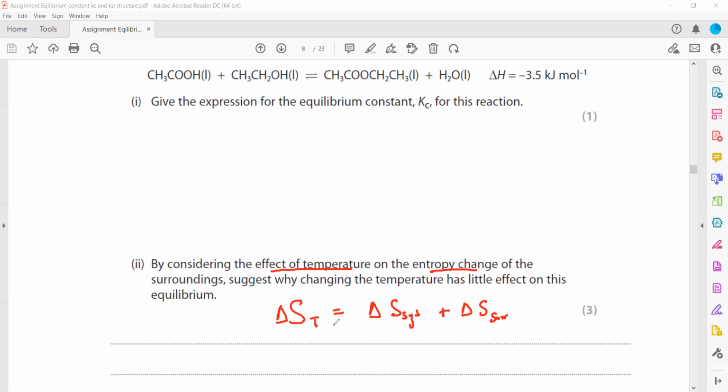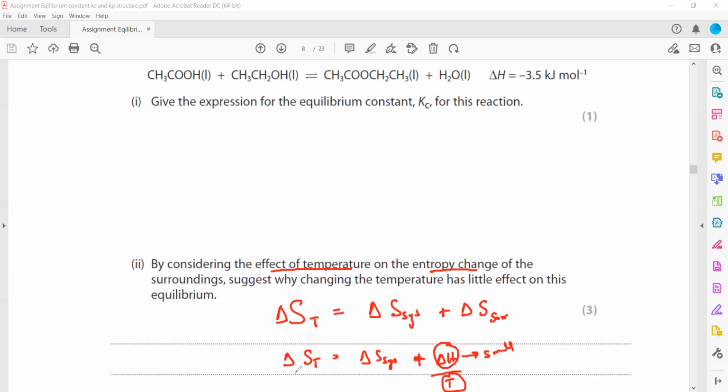And the entropy of the surrounding is minus delta H by T. So we can say the total entropy is equal to the entropy of the system minus delta H by T, but if the reaction is exothermic, minus minus will be plus delta H by T. Now, because this value is very small, even if we increase or decrease the temperature, the value is already small. So changing the temperature cannot change this factor too much.